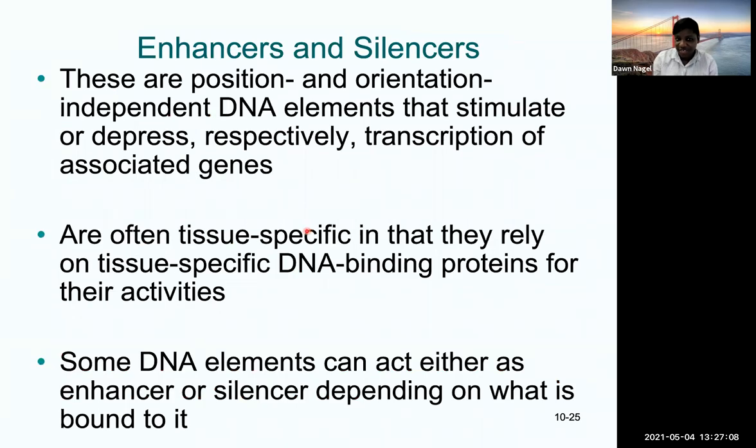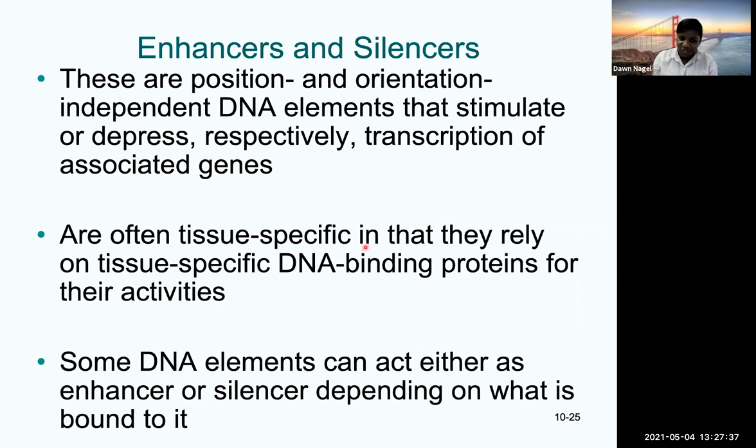However, enhancers and silencers, which can get recruited there by the transcription factor that binds within that proximal region, are position and orientation independent. Remember I told you that they can be 50,000 base pairs upstream or downstream from the gene, it doesn't really matter. And they can stimulate or repress certain genes, turn them on or off.